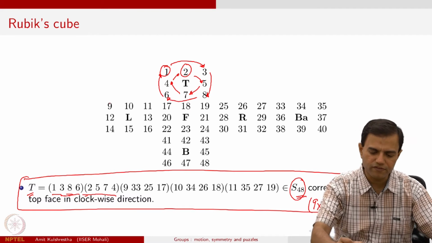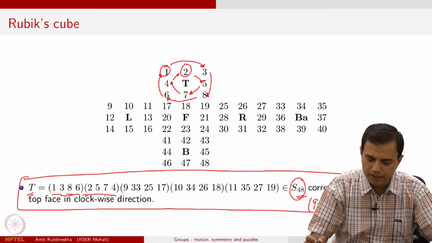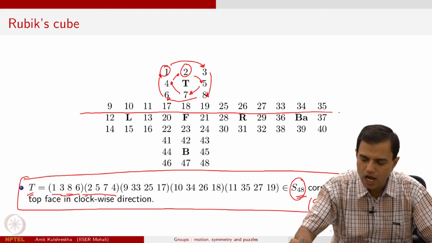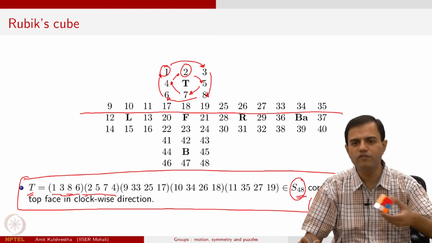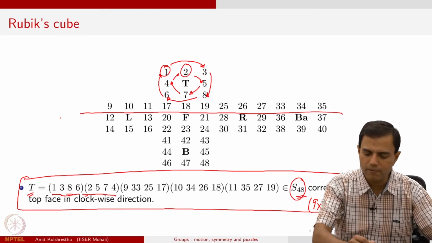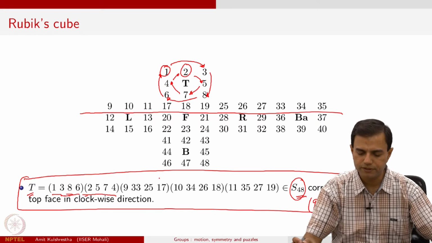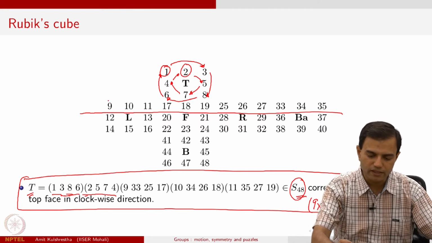Now what about the side ones? When I am moving the top, only the entries above this red line are being affected. Bottom, nothing happens. So what happens to 9?